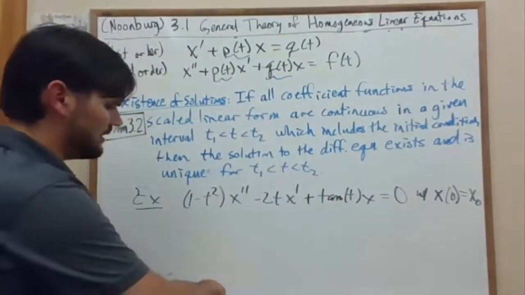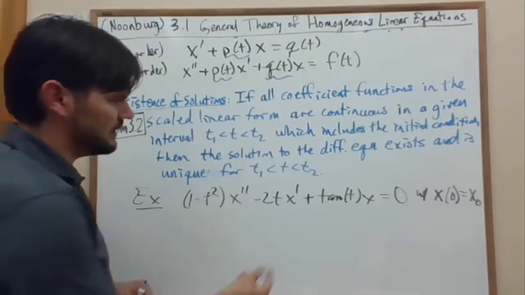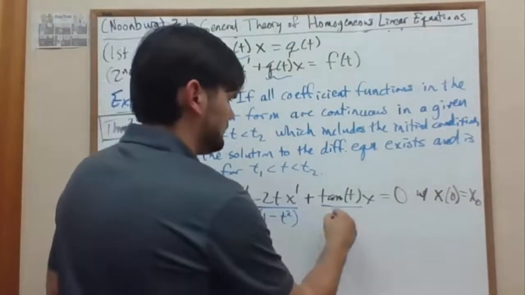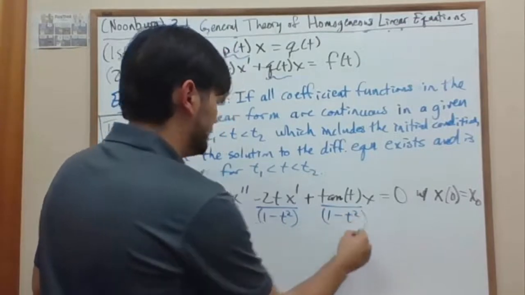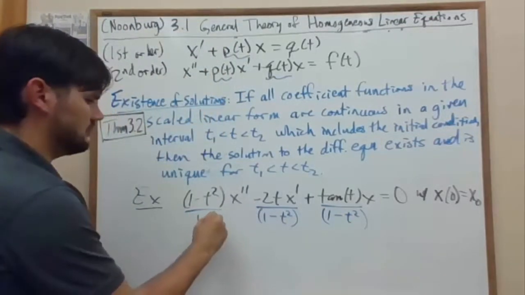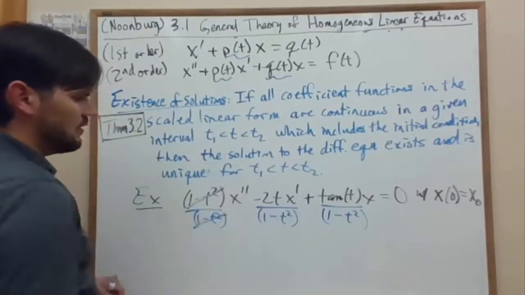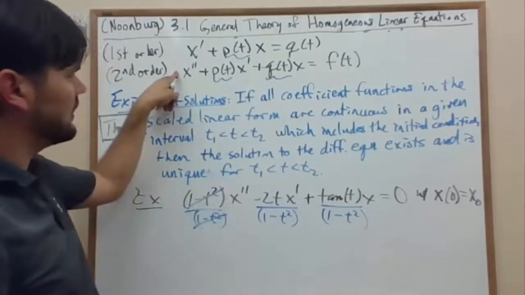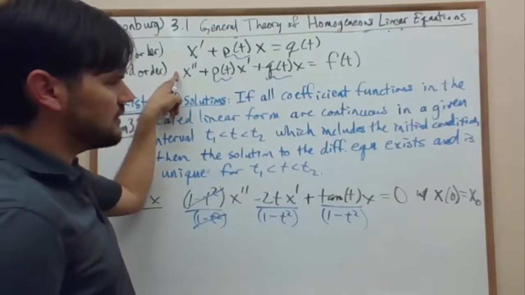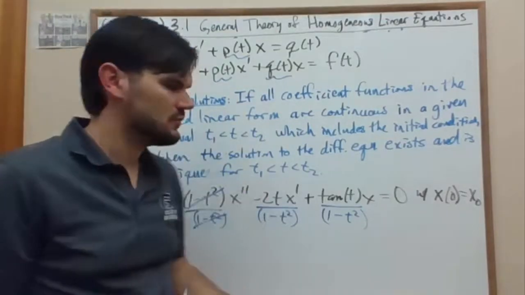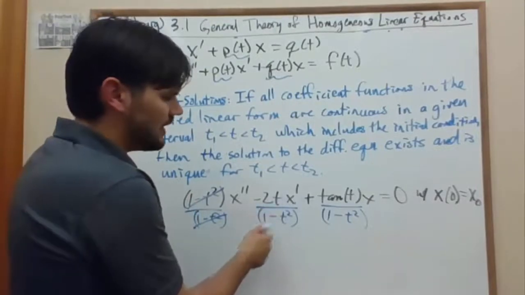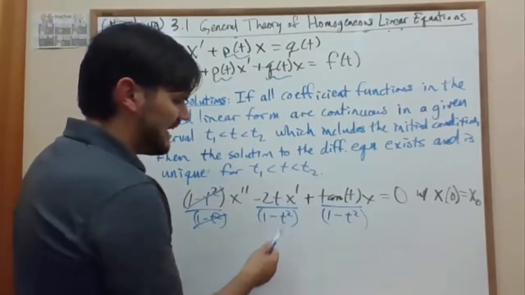So the first thing we need to do is divide by the 1 minus t squared, because without a monic form, a leading coefficient of 1, we don't actually have all the conditions. So now let's look for continuity. The t is fine, but the 1 minus t squared has some problems.